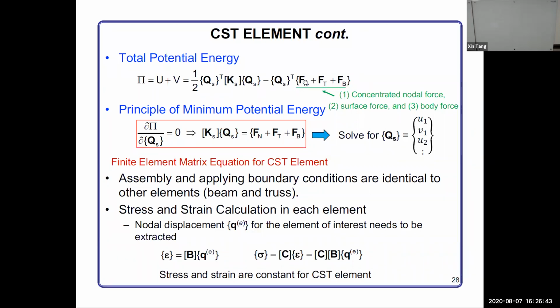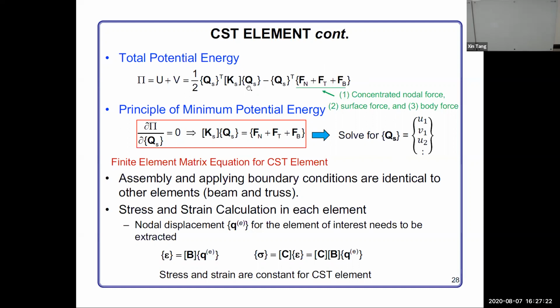In every element you have the concentrated force on the node Fn, and then the traction force or surface pressure Ft, and then the body force Fb. The latter 2 can be resolved into the nodes using the methods we just described. Then all those forces are applied on the nodes, times the displacement on the nodes, and you get all the potential energy due to the external applied force.